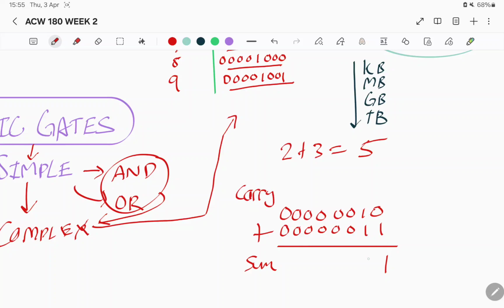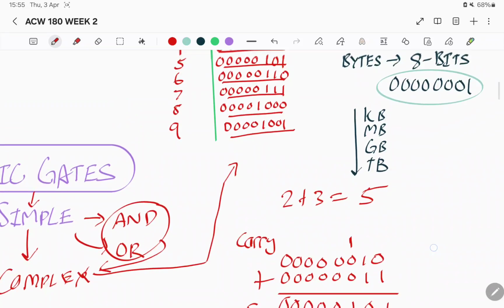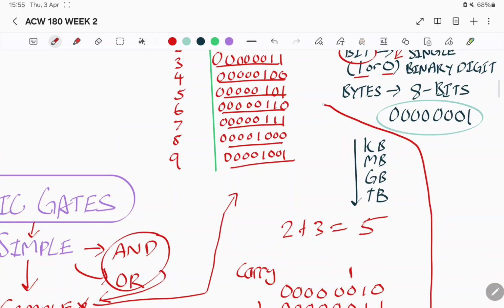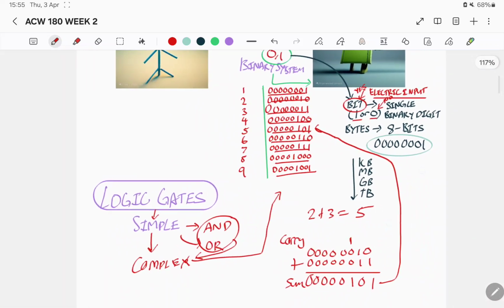So 1 plus 1 is equal to 0, but there's a carry of 1 over here. Then it became 1. Of course, all of this is 0, 0, 0. So if you can see, this actually matches back to this one over here.